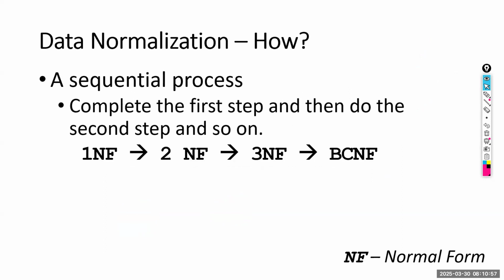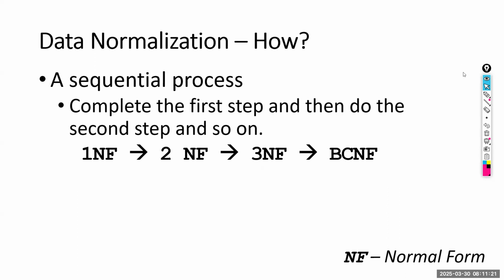Right. So, the data normalization process. Now you know what data normalization is and why we do this. Now let's see how to do it. What, why, how. So the data normalization process is a sequential process.